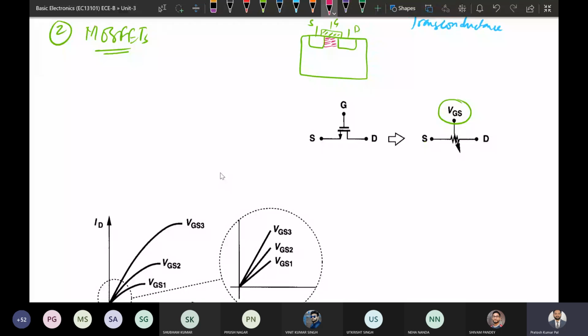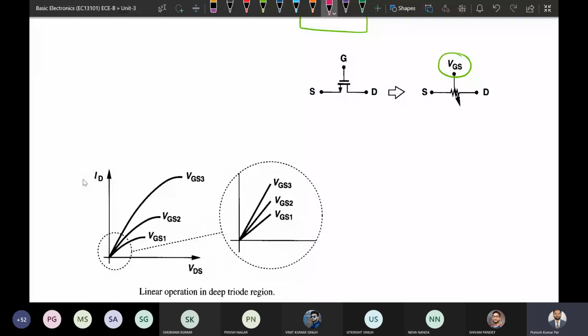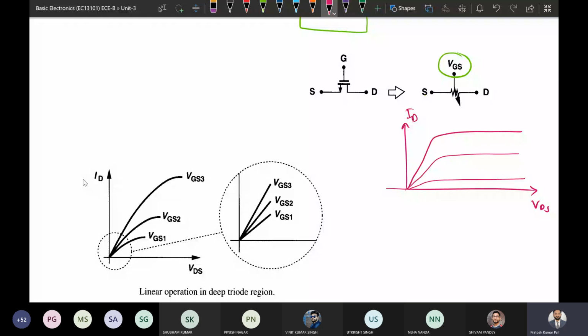So in this case of MOSFET, again we have seen the MOSFET characteristics. If you plot the ID versus VDS, it was again having this relation. Okay, so the region where the ID versus VGS is having a linear relation, we will consider that in the case where the MOSFET will be having like a voltage dependent resistor.